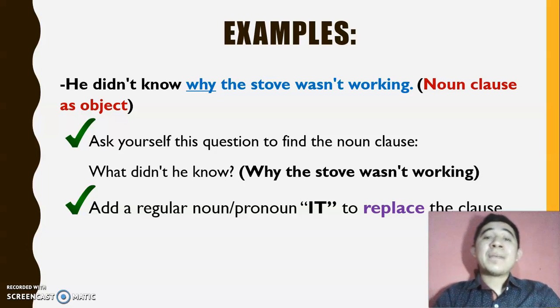So to sum up, an adverb clause is a subordinated or dependent clause that modifies a verb, an adjective, or another adverb. And it tells us when, where, why, or under what condition the action in a sentence takes place. While a noun clause is a group of words acting together as a noun, which means that it can be the subject, the object, or the complement of a sentence.